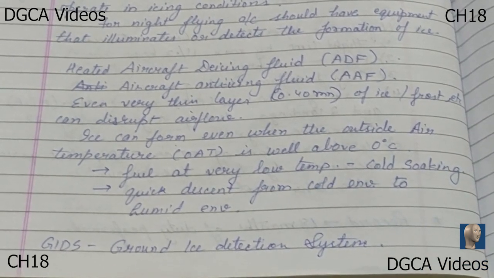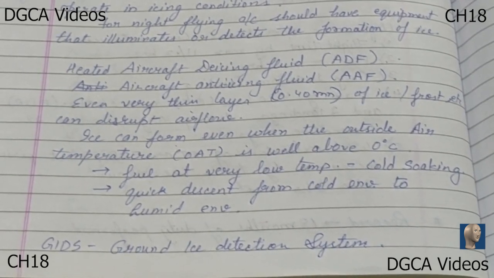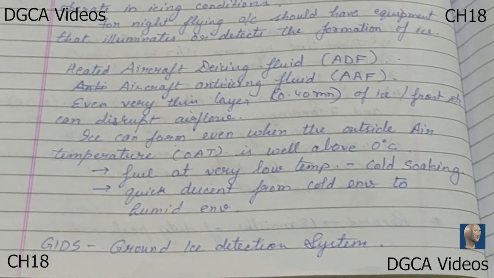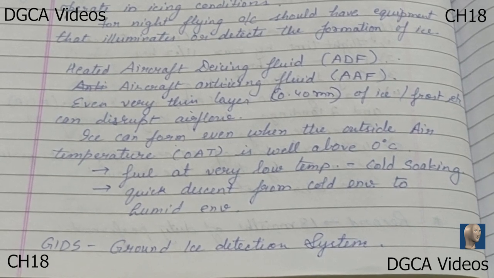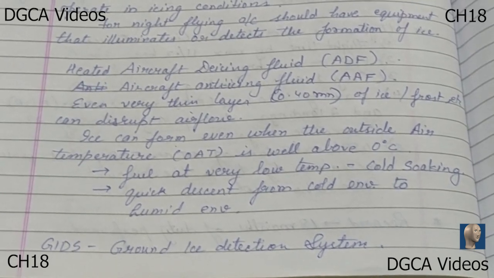It is at a very low temperature, so it makes the temperature of the metal with which it is in contact very cold. The surface of the wings becomes too cold, and goes below 0 degrees Celsius, and hence ice formation occurs.